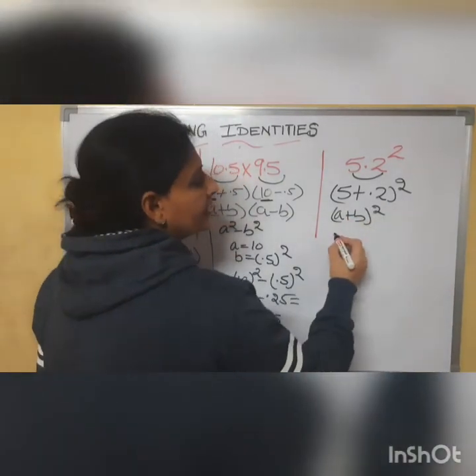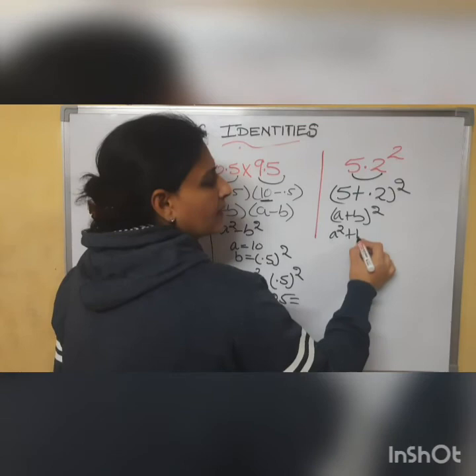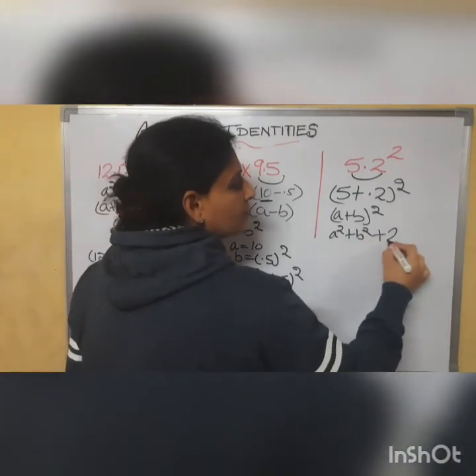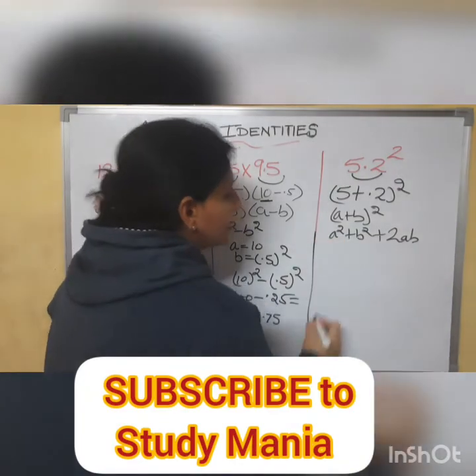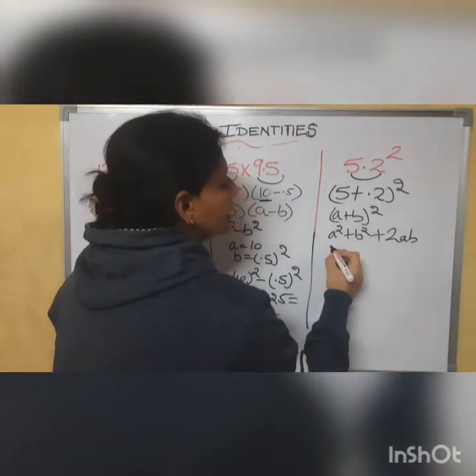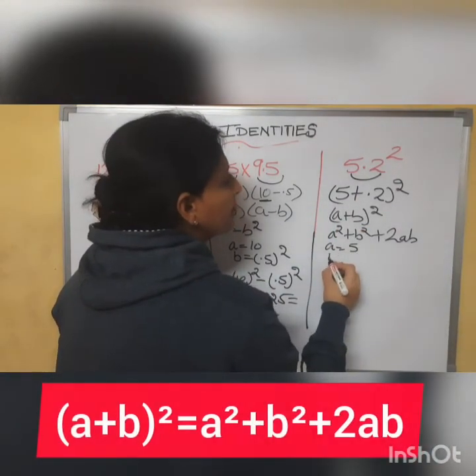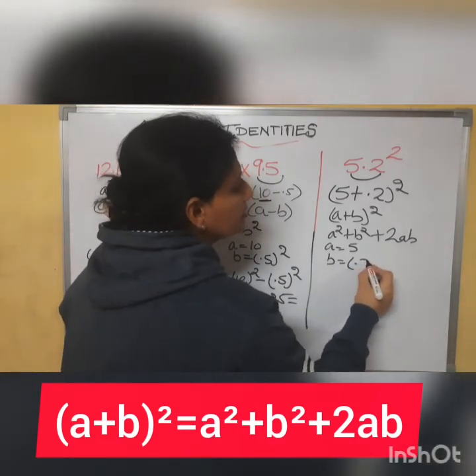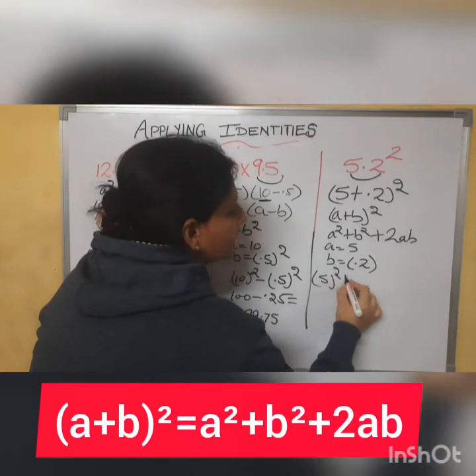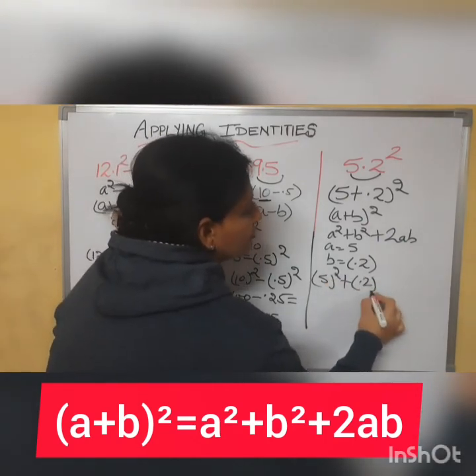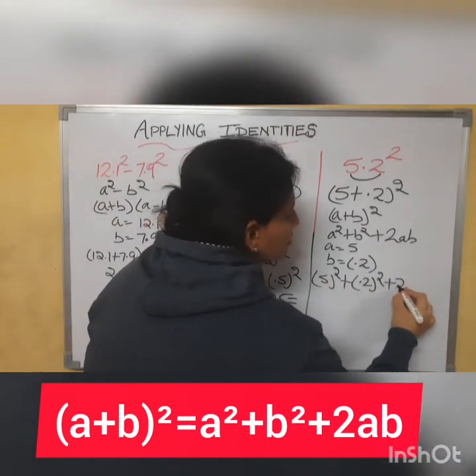How to expand the identity? a square plus b square plus 2ab. So now let us substitute the values. a stands here for 5 and b here stands for 0.2.